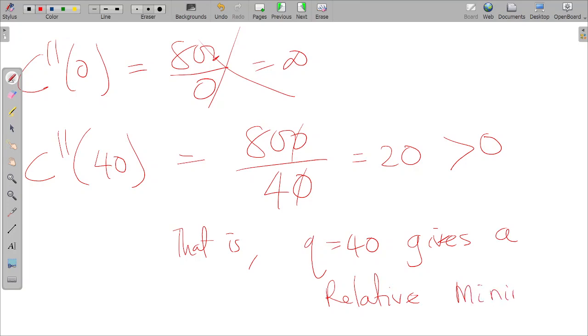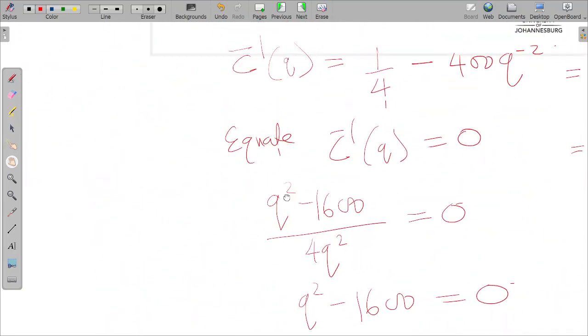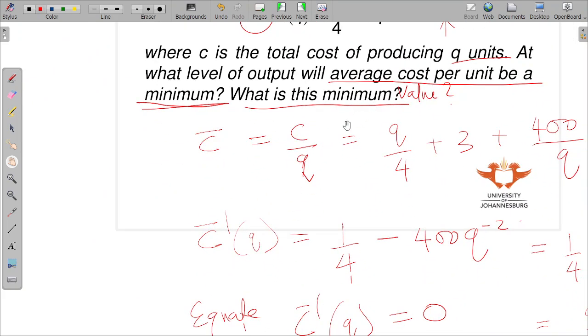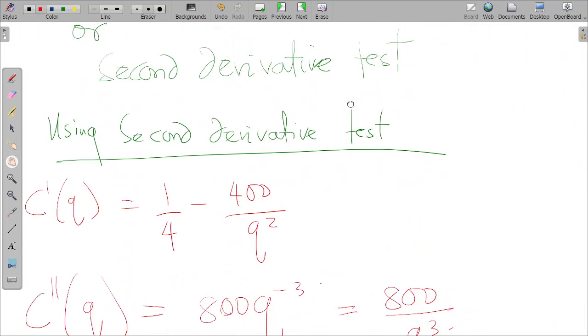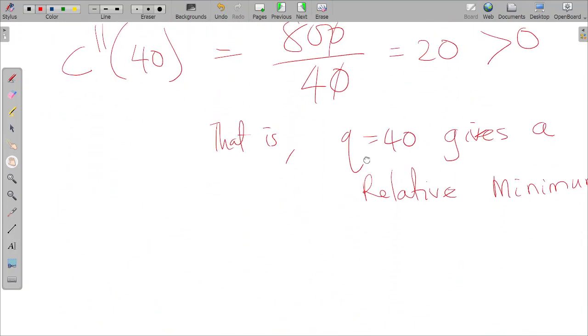If this gave a relative maximum, we could not proceed, because what we are looking for is the minimum. We could just conclude that there's no minimum in this average cost. But now it gives a minimum, so q equals 40 is a relative minimum.